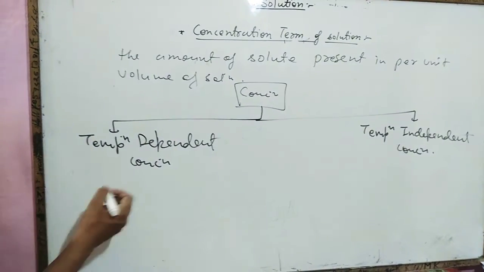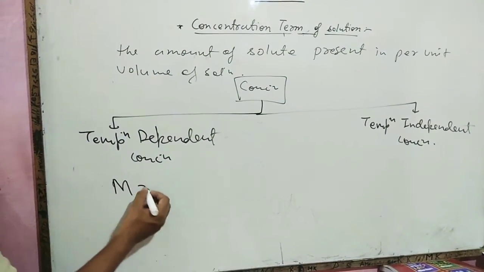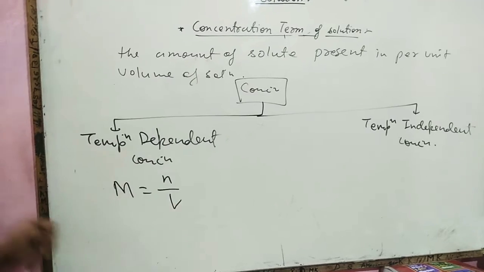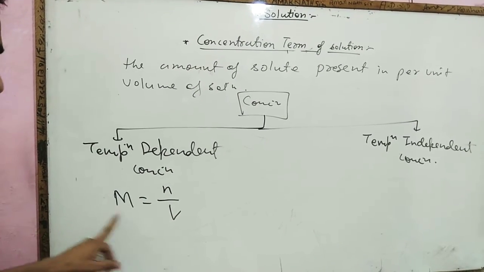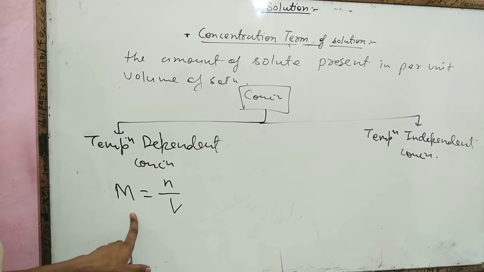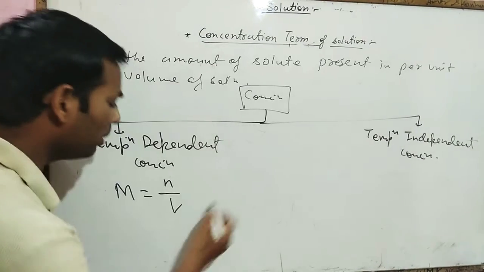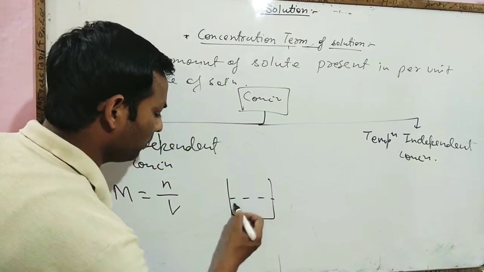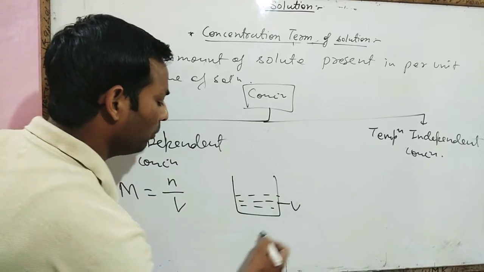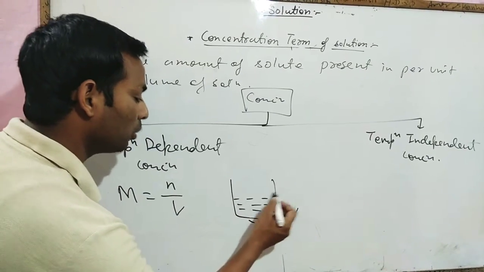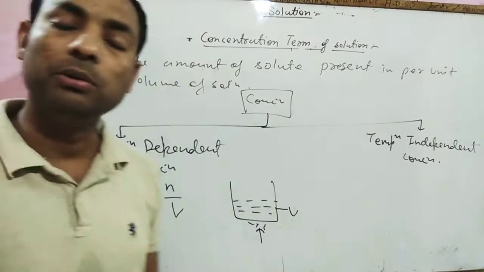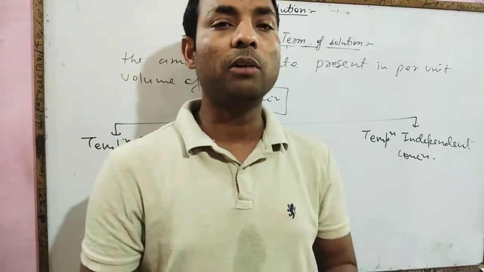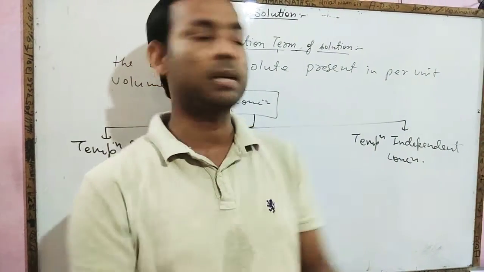Suppose I am taking the example of molarity. You know molarity equals n upon V, where n is the mole of solute, V is the volume of solution, and M is the molarity of solution. When I increase the temperature of such a solution, the volume of solution will increase due to breakdown of the intermolecular force between the solvent.